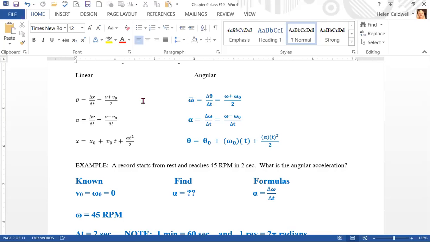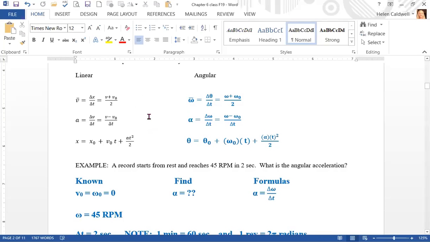So instead of v bar, we have omega bar. Instead of delta x, we have delta theta. Delta t stays delta t. v becomes omega. v0 becomes omega 0. And 2 is just 2. So it's really easy to write the angular equivalent if you know the linear velocity equation.